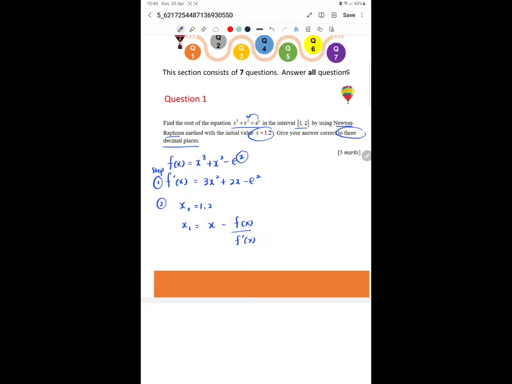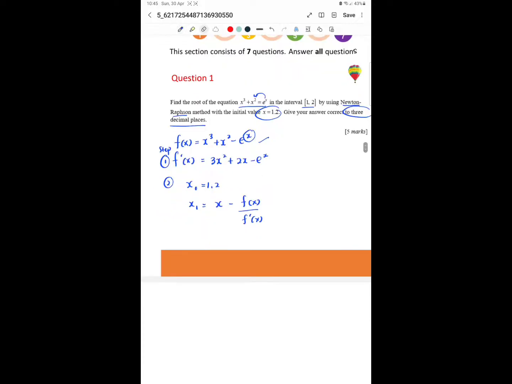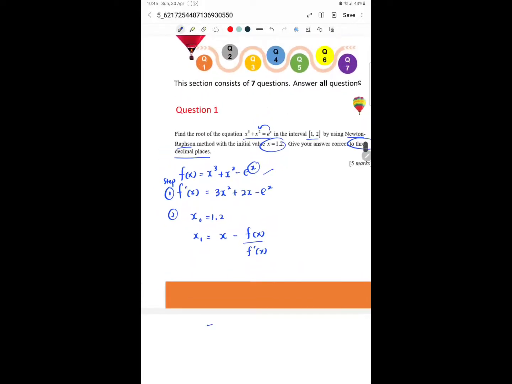Okay, jadi kita ada dah X yang kat atas tu, X, Fx yang ni lah, salin. So X tolak dengan Fx, Fx tu salin balik.